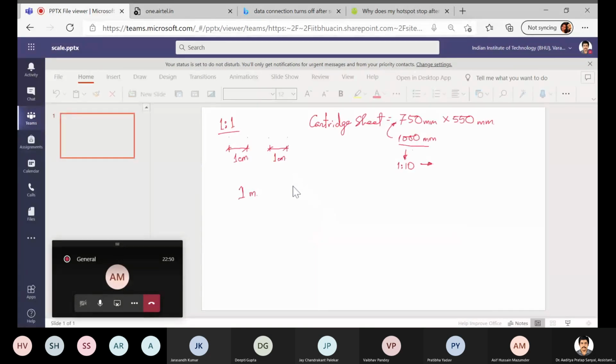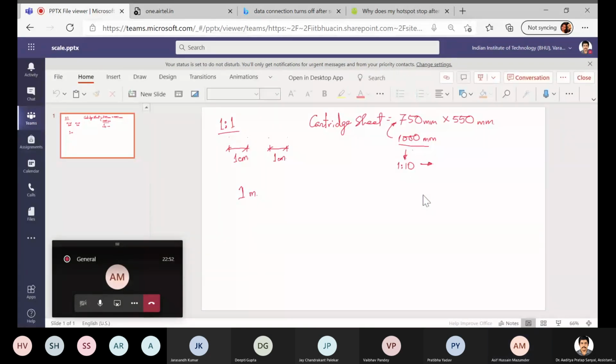Screen is visible? So 1:10. I wish to represent 1000 mm in a scale of 1:10. How do I do that? Let me ask you this way. 1/10 is equal to x by 1000.